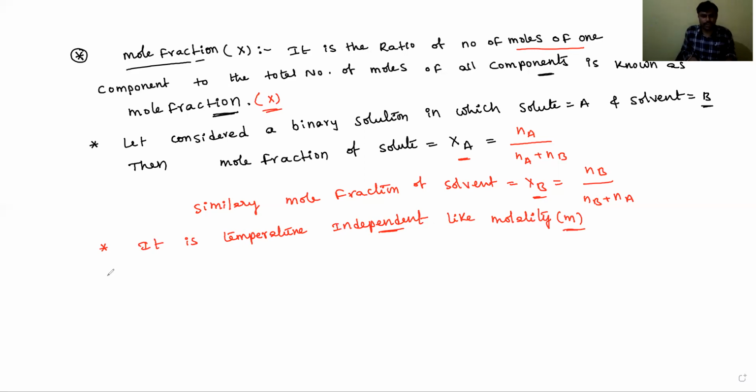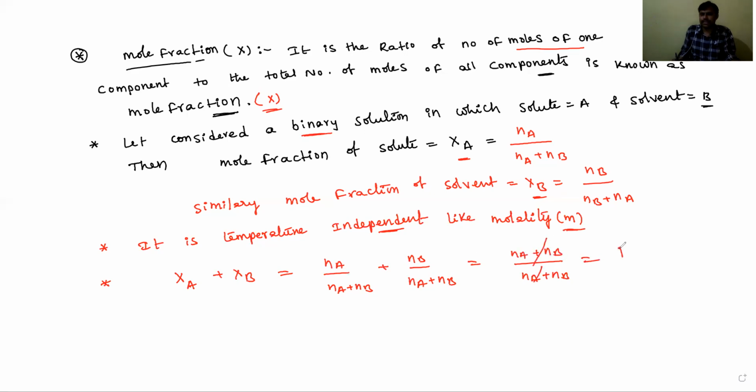Another important piece of information: if I consider a binary solution, the sum of the mole fraction of A plus the mole fraction of B is equal to NA by NA plus NB, plus NB by NA plus NB. The denominator is the same, so taking the LCM, NA plus NB comes in the numerator, and NA plus NB in the denominator, and both cancel, giving 1.